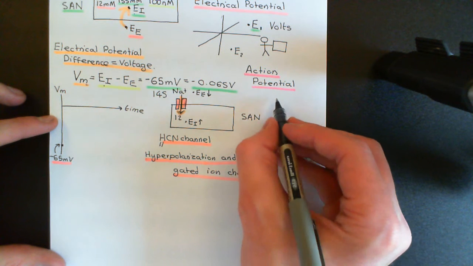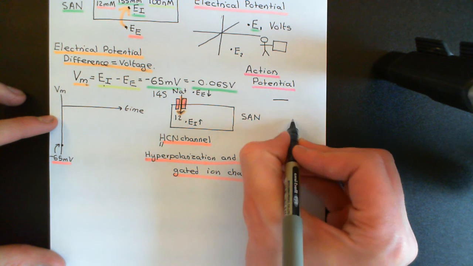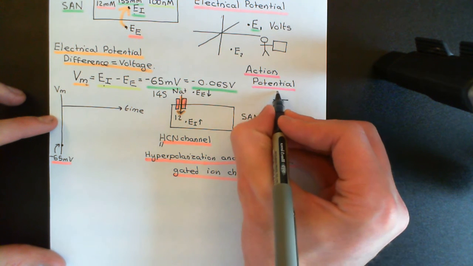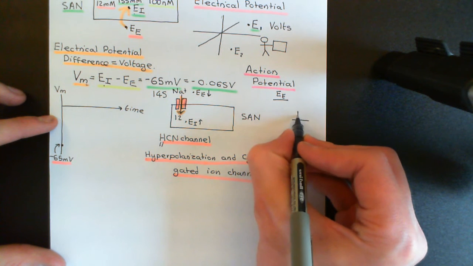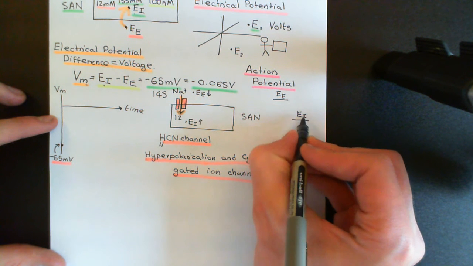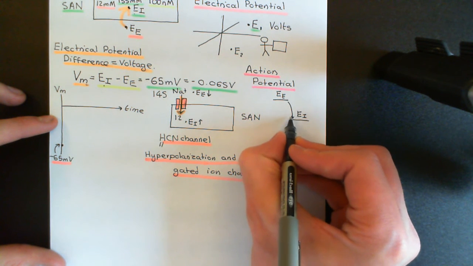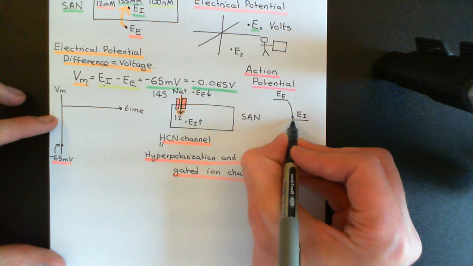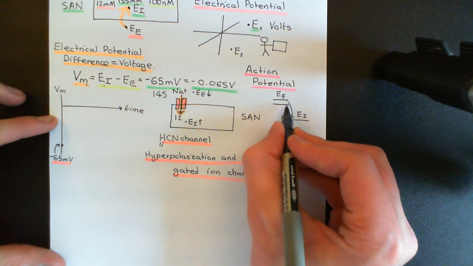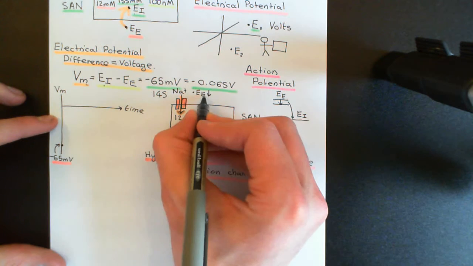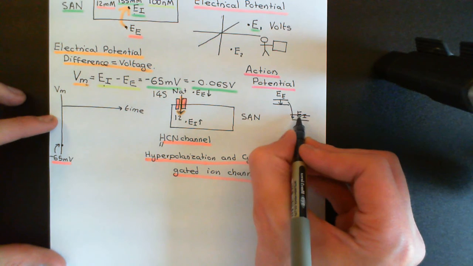Well, here's a good way of visualizing it. Previously, it was like this. Okay, we can draw a simple diagram like this. Here, let's say this represents the electrical potential extracellularly, and when we went inside, we had to step down in electrical potential. We had to go down by 65 millivolts. But we have now lowered the electrical potential extracellularly, and we've raised the electrical potential intracellularly.